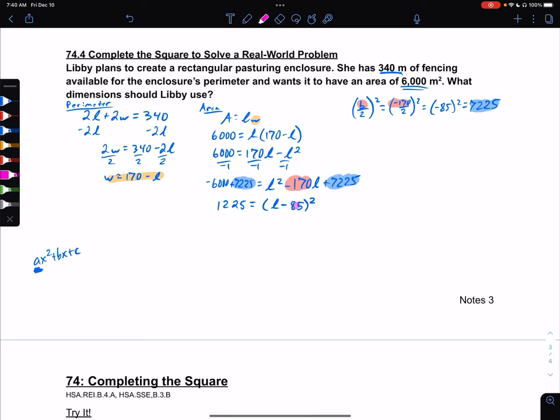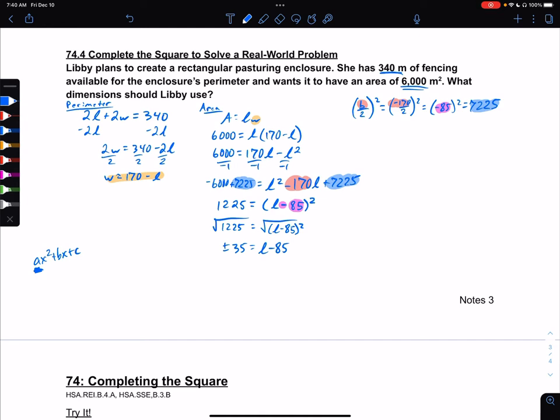Whenever you factor these, the number winds up being the number that was here, so that works out that way. We'll now take the square root of each side, and we can solve for our variable L. The square root of 1,225 is positive and negative 35, with L minus 85.